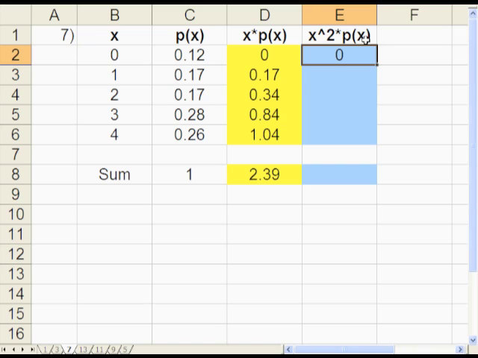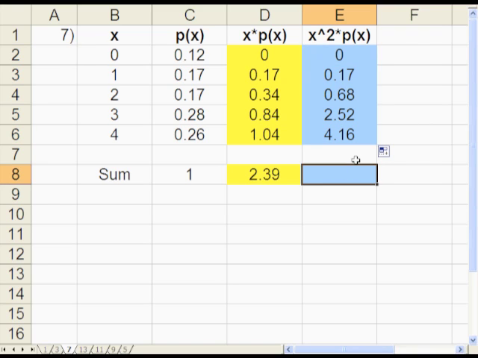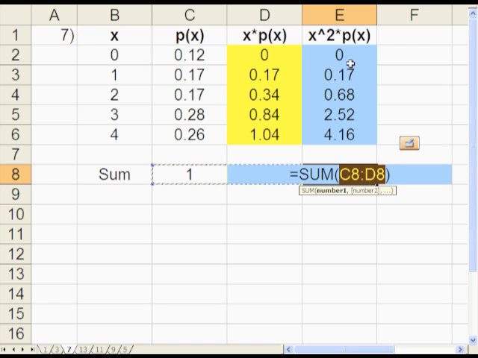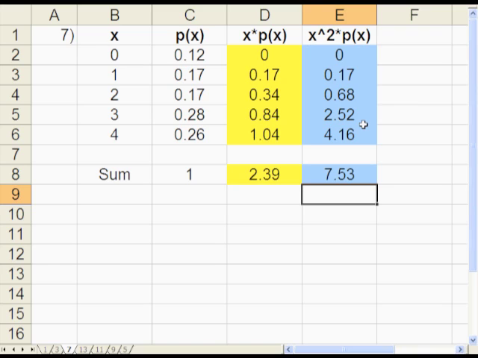Going to the right hand side with our dark cross to use the autofill feature, right click and hold and drag. We form all these products. Take the sum of these values, and we get 7.53.